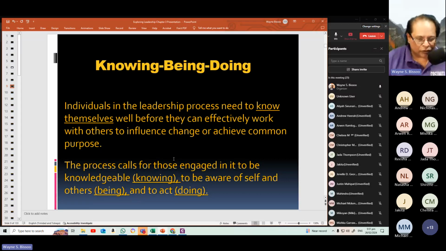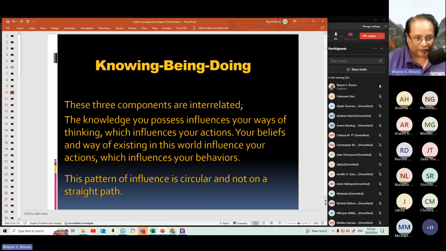So the knowing, being, doing cycle that we were looking at before is included in the development of your purpose and function. These three components are obviously interrelated. The knowledge you possess influences your ways of thinking, which then influences your actions. Your beliefs and ways of existing in this world influence your actions, which influences your behaviors.